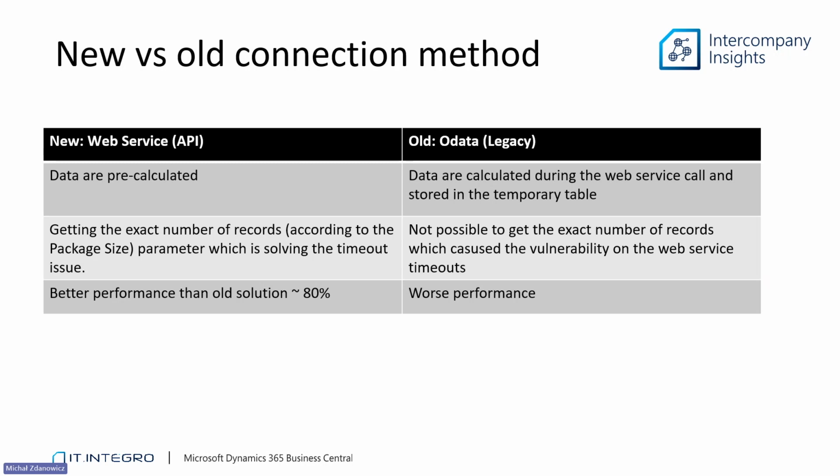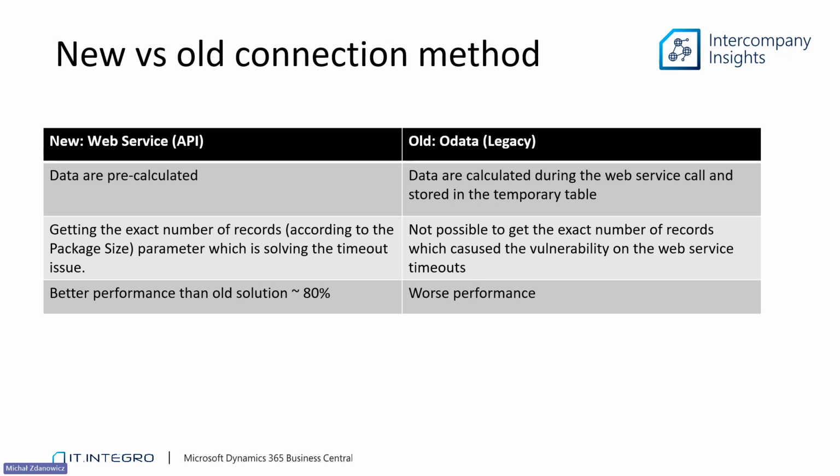So there was a temporary table where the data were put, and then it was downloaded to the data requesting company. So it actually affected the performance, and in our opinion, that was a slower and worse solution. That's why we switched to the API.